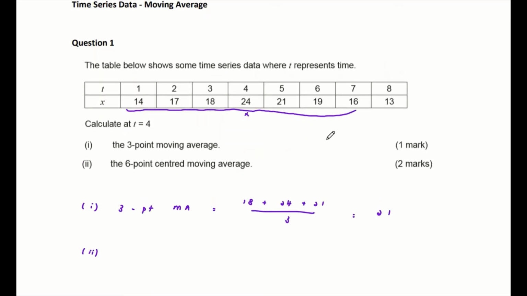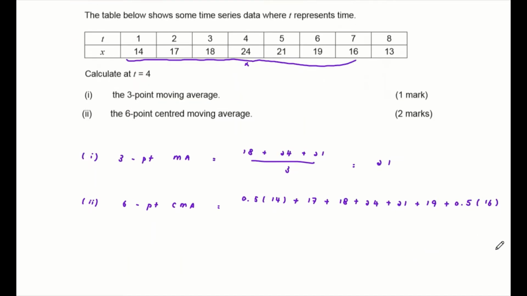I hope that you still remember. Please try to avoid careless mistakes where your working is actually correct, but when you press your calculator there is some problem with your final answer. So always check that. So 0.5 multiply 14, plus 17, plus 18, 24, 21, 19, and then half the last one as well, 0.5 times 16.